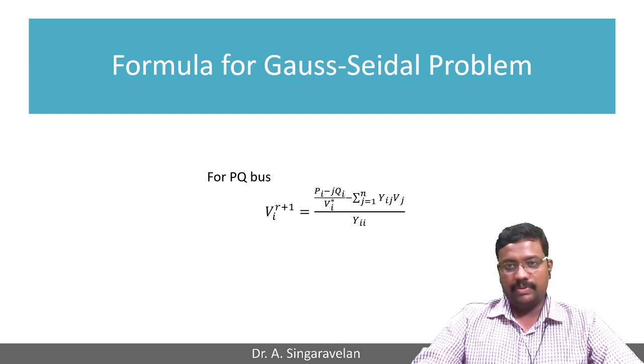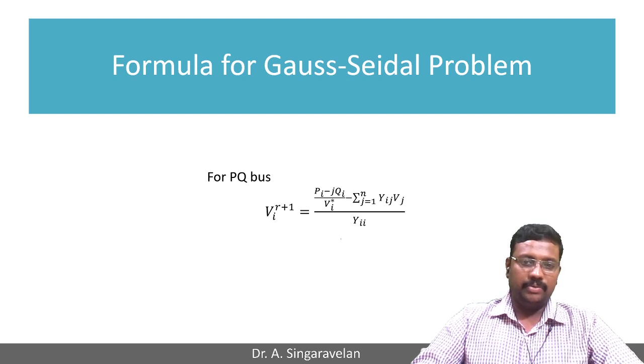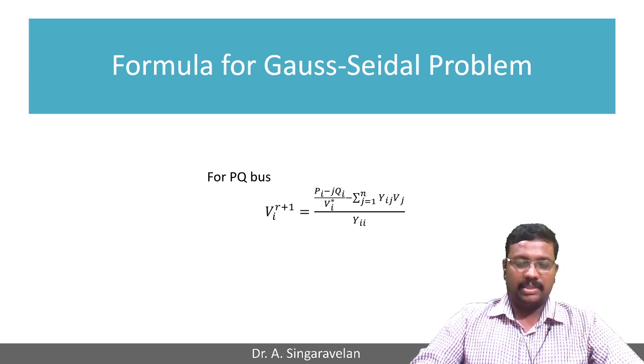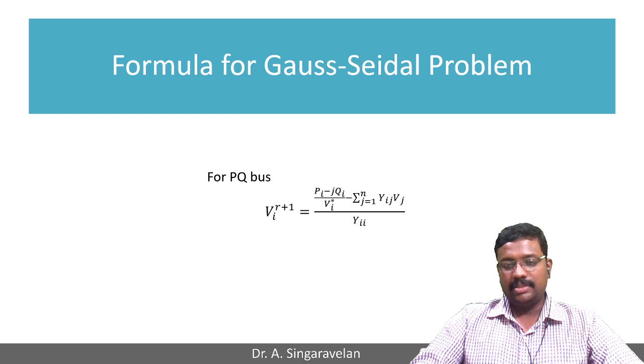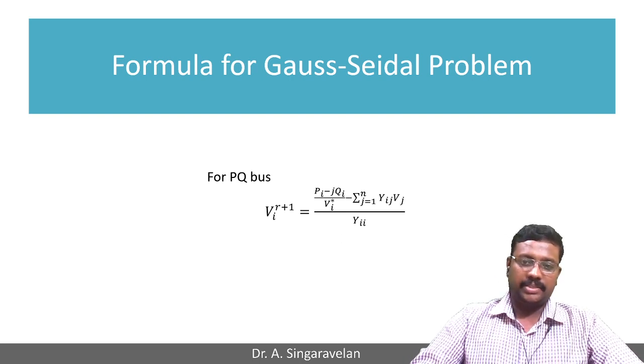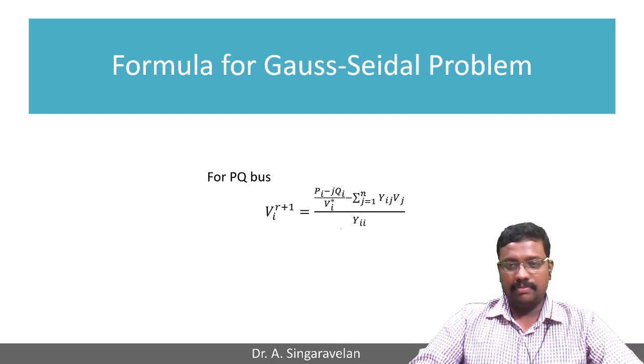For example, if the difference between the new iterated value and the old iterated value is very small or zero, then we call the solution converged. If the difference is larger, then we go for the next iteration. Until the solution converges, we continue the iteration.